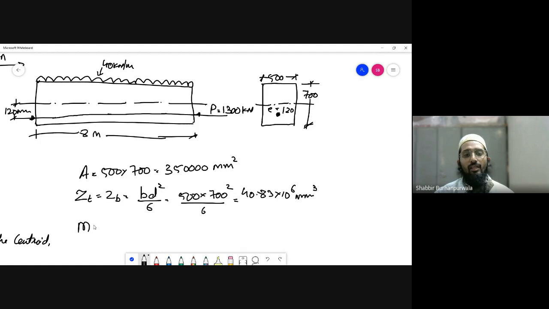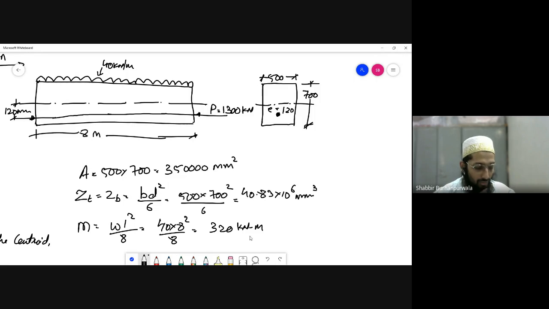Then we require the value of moment. What is the external moment which is acting? For a simply supported beam, it is going to be WL square by 8. So W is 40 into 8 square divided by 8, that is equal to 320 kilonewton meter, or in terms of mm, 320 into 10 raised to 6 Newton mm.